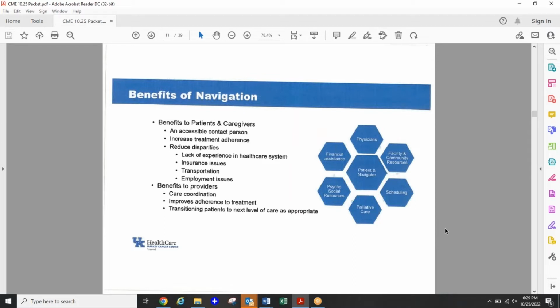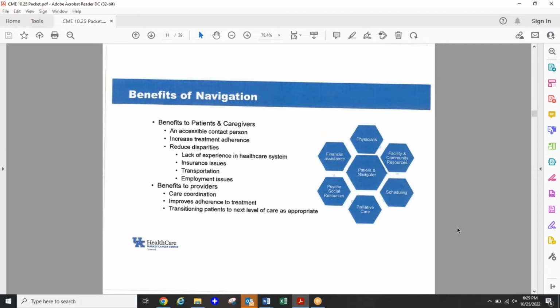Another barrier is inadequate health insurance. They've never been sick, they've never utilized their insurance in this way, so now they have to learn how to do that, and the navigator can help them. They may not know all the resources that are out there for them. Even if they've lived in the community and heard about them, they may not know how to access them. The navigator can help them with that.